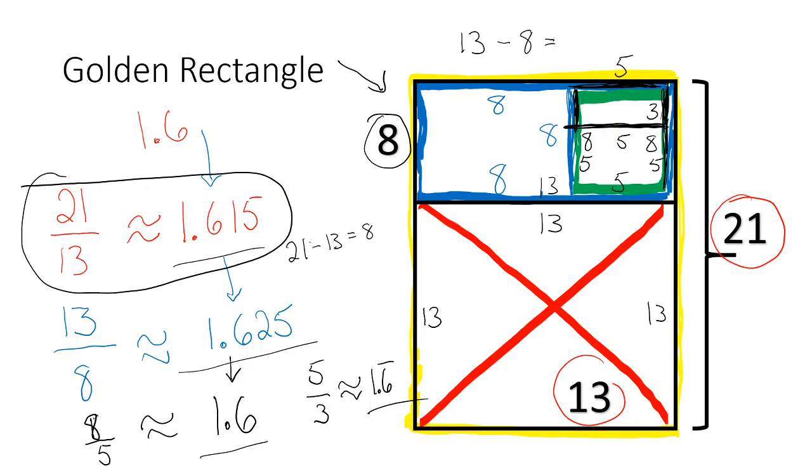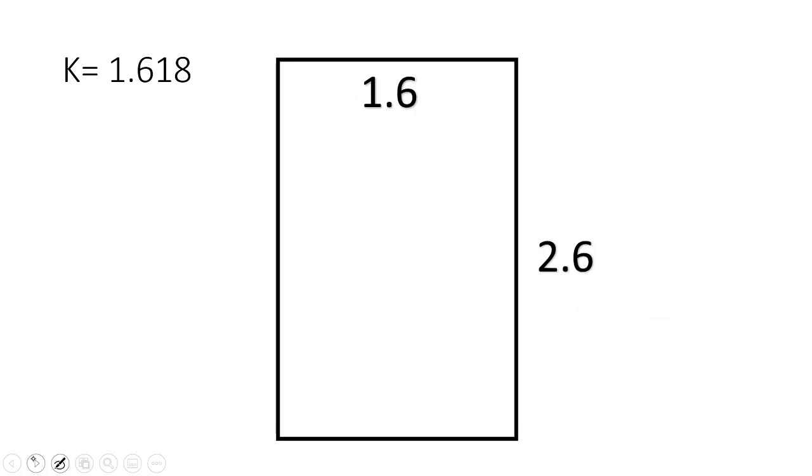Okay, that's the one that's closest to that golden ratio. It's like 3/1000ths off. All the others fit the criteria. They fit within the leeway. You've got to be within a couple 1/100ths of the golden ratio. Okay, so again, that K value 1.618.